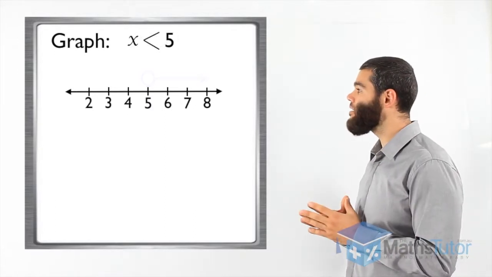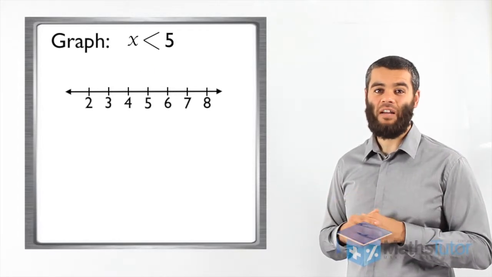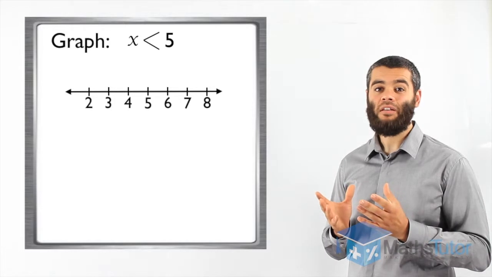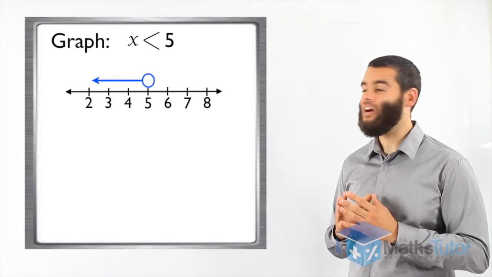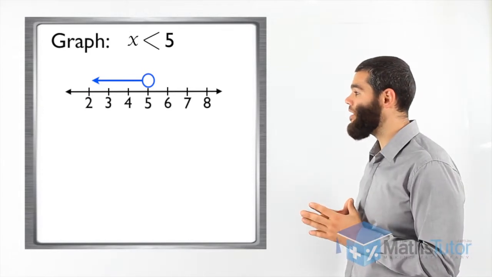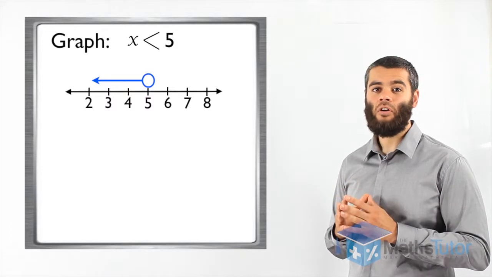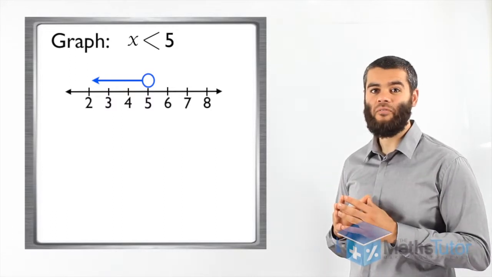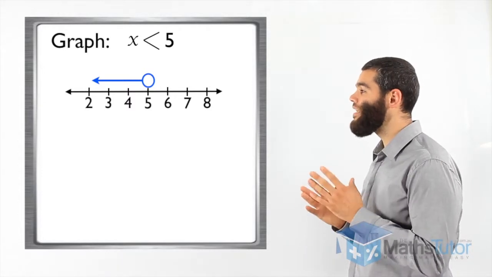On the other hand, if we are asked to graph x less than 5, same thing, but the arrow is going towards the less than side. So we have on the number line our 5, and we have a hollow circle on the 5. Hollow meaning it does not equal 5, but it starts at 5 and goes to the less side.